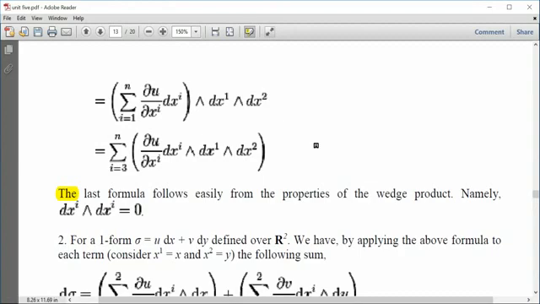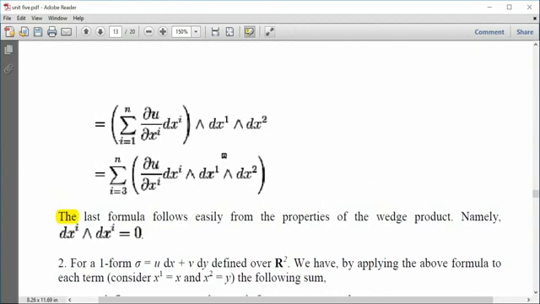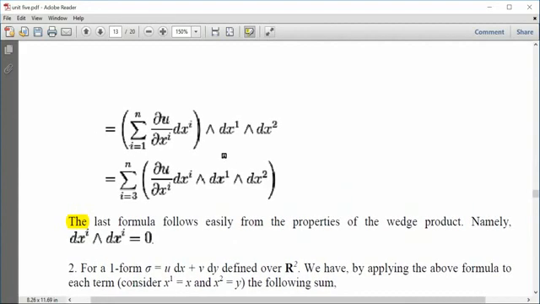I wanted to highlight the formula, but it looks like it cannot be highlighted. But I hope you see the formula that I'm considering.